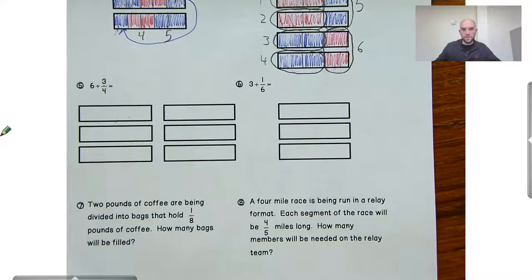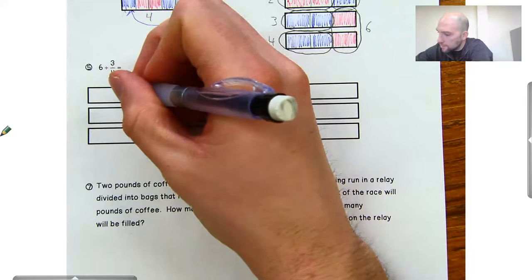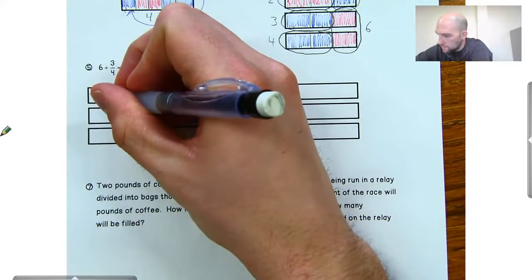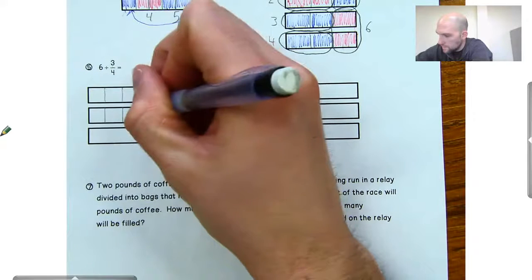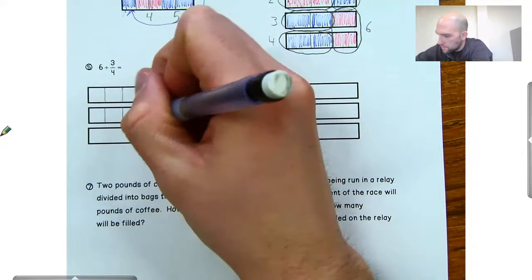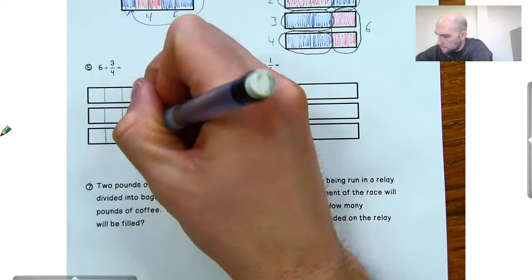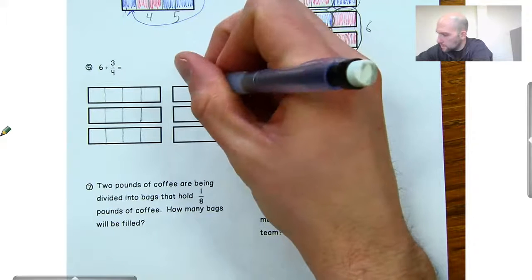We can do this with 3 in our numerator too. So we have 6 divided by 3/4. So we need to make fourths here. Make all of these into fourths.